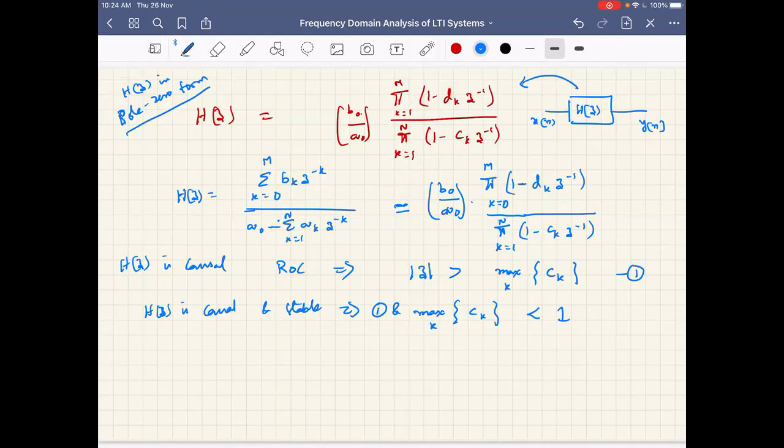Now, if we want to comment on the inverse system, what is Hi of z? How do I write Hi of z first of all? This form is simple for us to write.